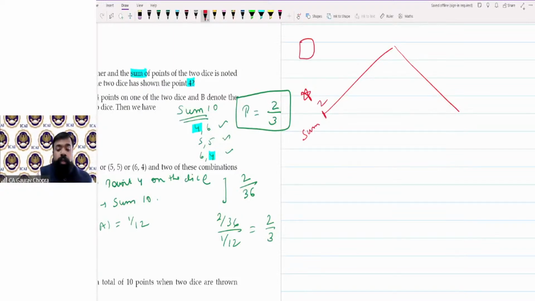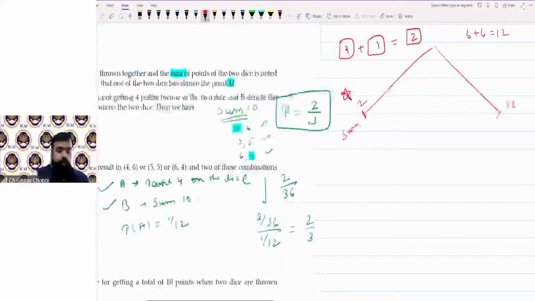Whenever you throw two dice, the minimum number on each is 1 and not 0. 0 is not on the dice. So the minimum is 1 and 1, and 1 plus 1 is 2. Therefore, the minimum sum is 2 and the maximum sum is 6 plus 6, 12. That is why we are writing 2 and 12. Okay? Understood?